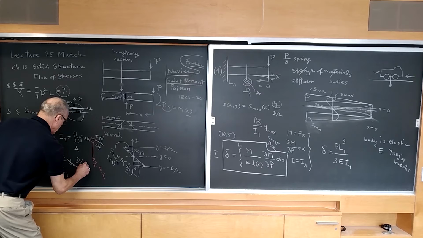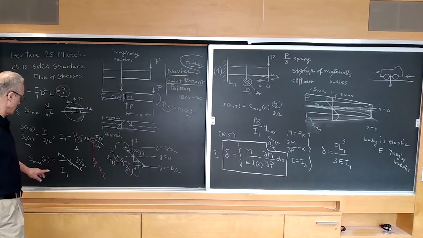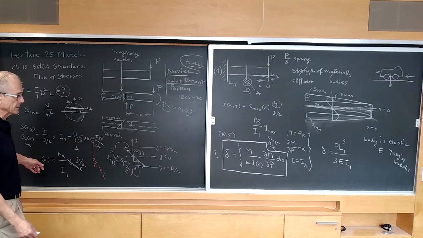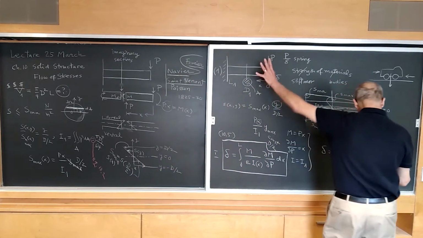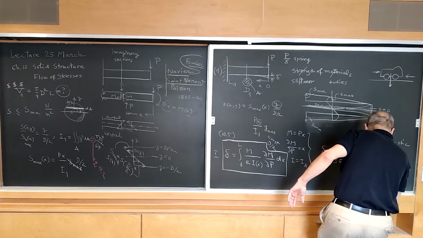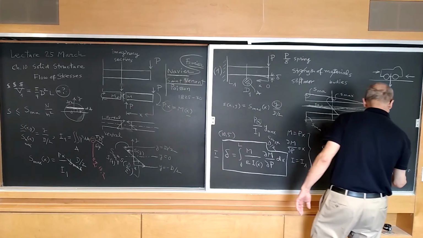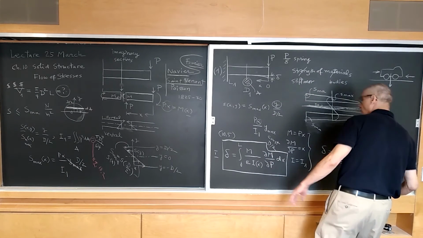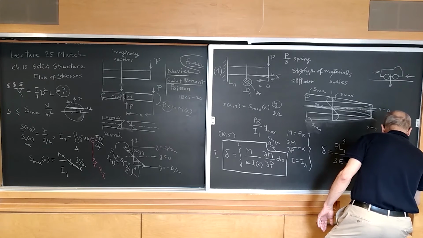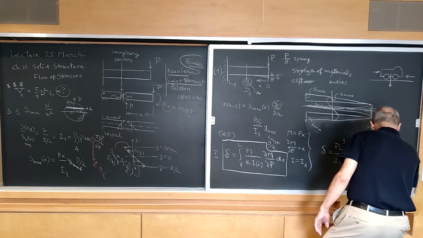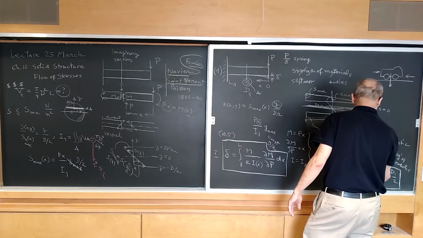Here you put D over 2, but the maximum allowable stress is in the armpit. So I will make this statement particular and write it right here that S max allowable for this design equals P L1 over I1, and then D1 over 2. So this is the second important formula.